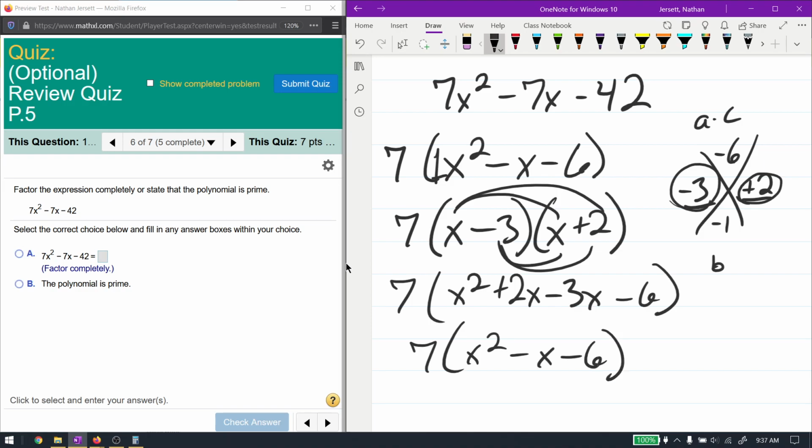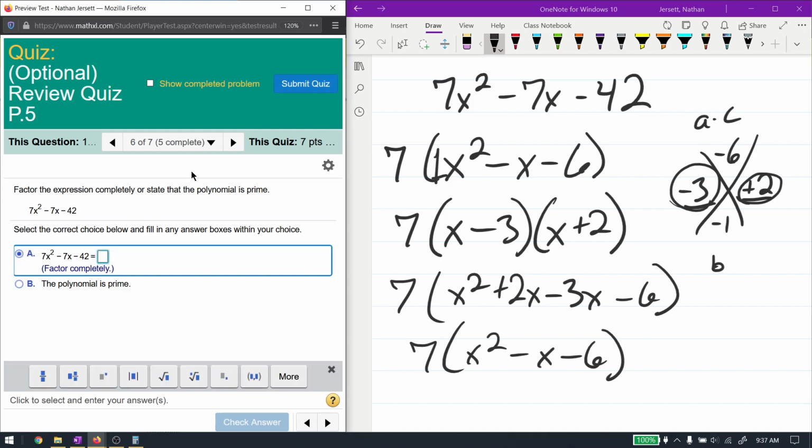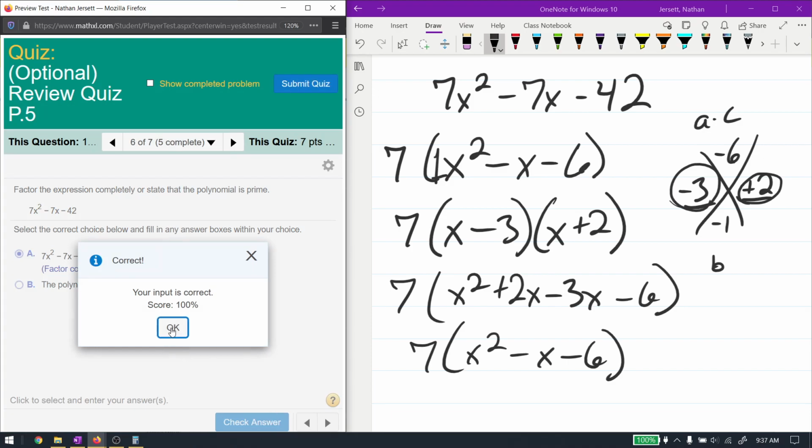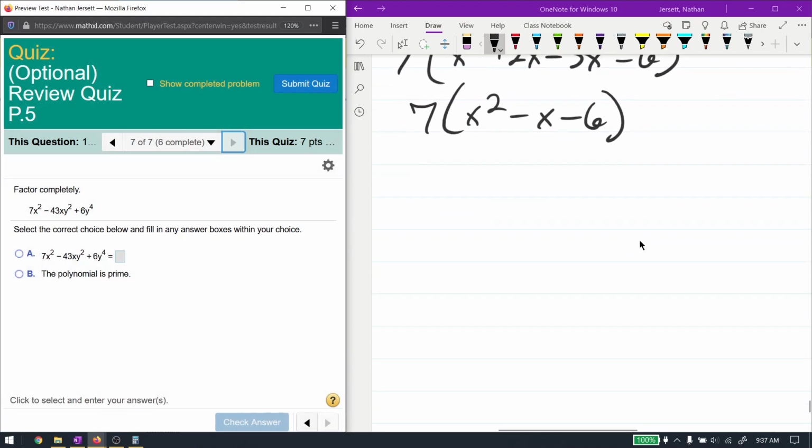And that is the same thing I had previously. So I did find it correctly, the factored form. So it is factorable, and it factors down to x minus 3, x plus 2. Correct. Last problem.